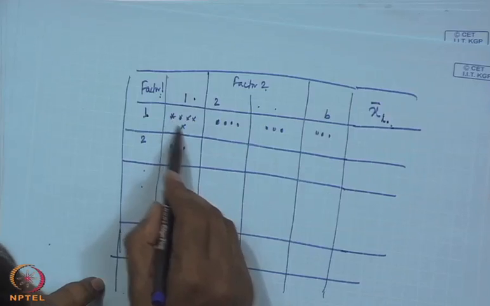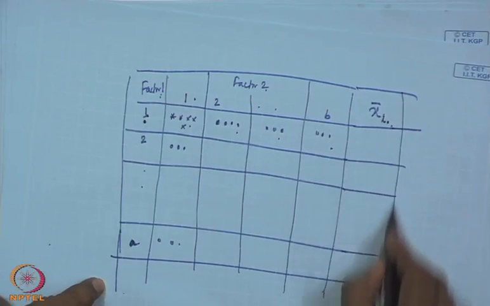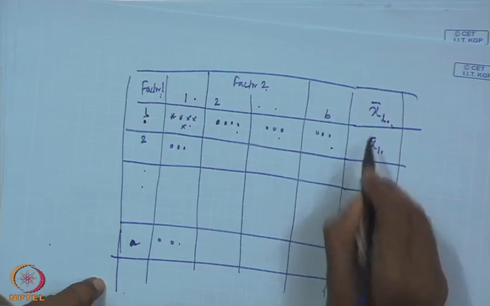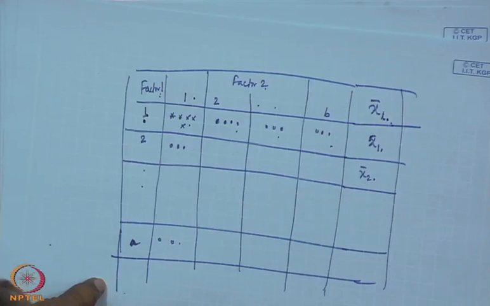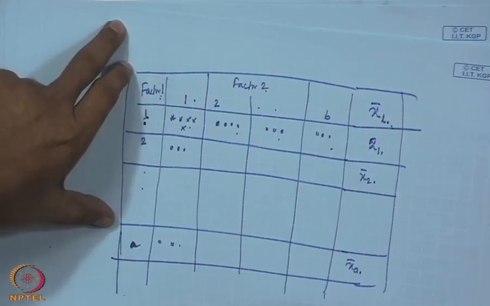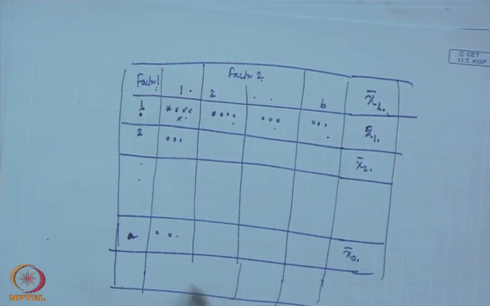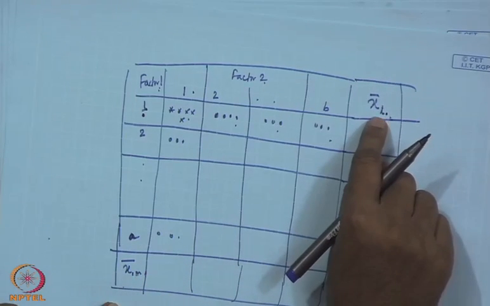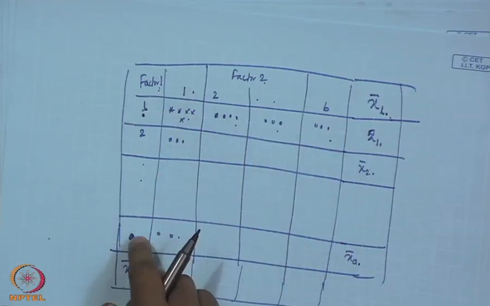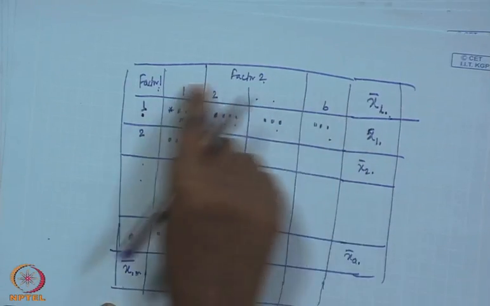If you ignore factor 2, then the sum total of observations in this cell, this cell, this cell is related to level 1. So you will be getting the average for 1, ignoring factor 2. Similarly, here you are getting average 2, and like this, average A. Now you ignore A and talk about factor 2 only, then here also you will be getting averages. We denote these as x bar L dot, where L stands for the labels of factor 1, and x bar dot m, where m stands for the labels in factor 2.